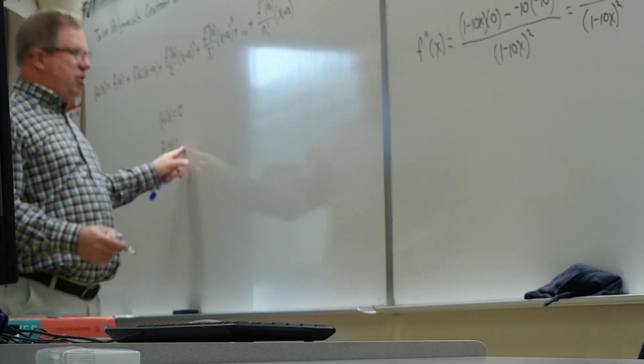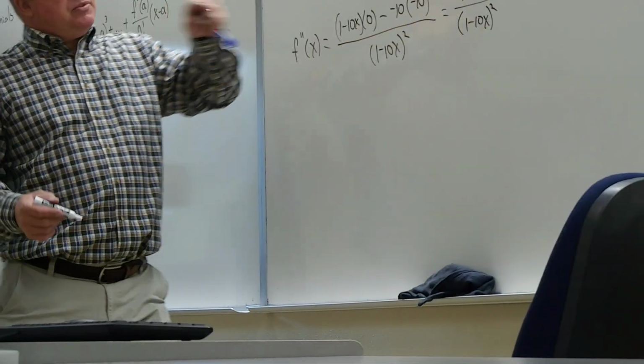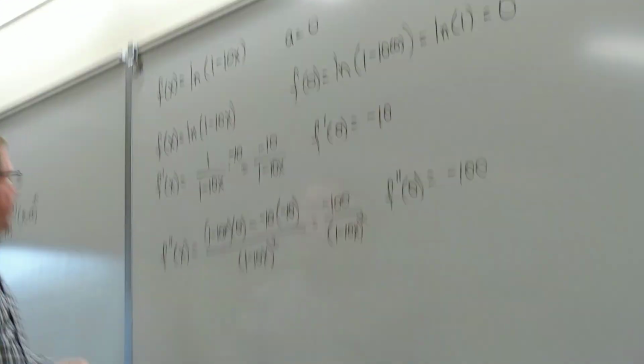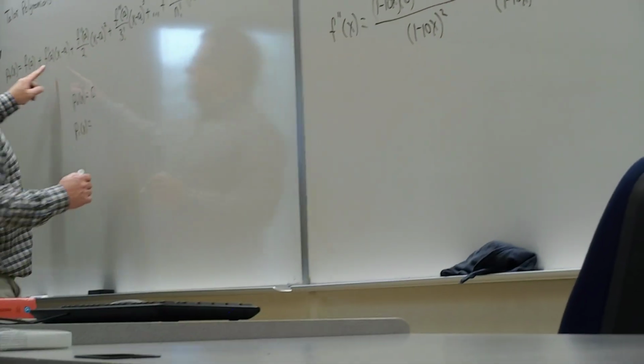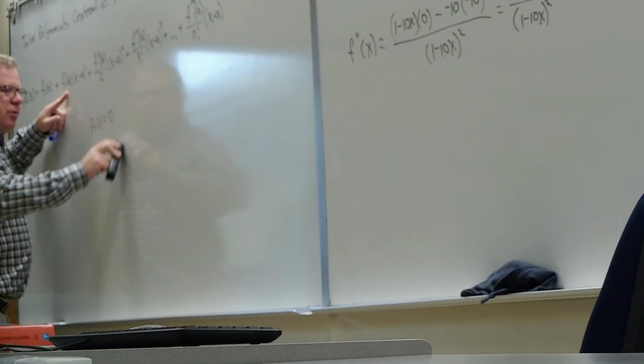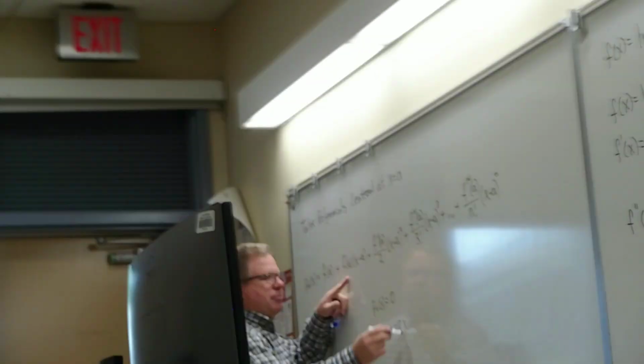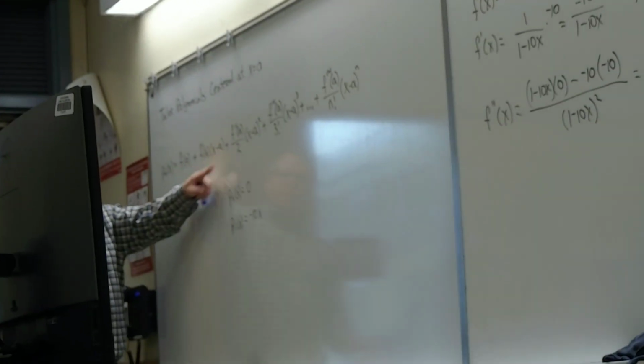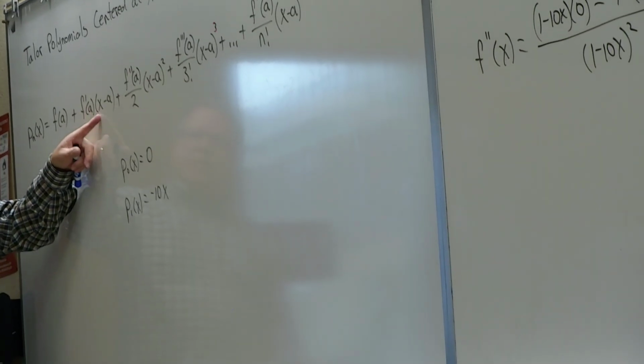So it'll be 0, which I'm not going to bother to write, plus put negative 10 in for that derivative. Negative 10 times, I don't even need a parenthesis, x minus 0, so that's just x. Negative 10x.